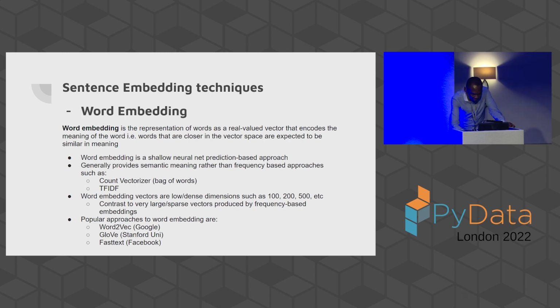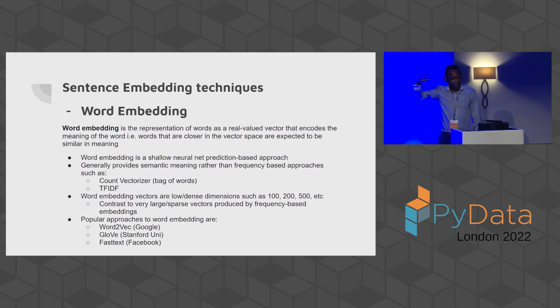Word embedding doesn't suffer from the sparsity of your matrix, because your vocabulary is generally very large: it's the number of words in your vocabulary along this axis, and the number of documents along this axis.